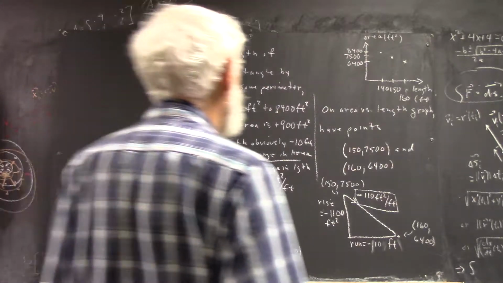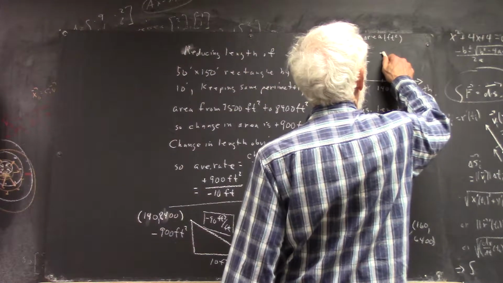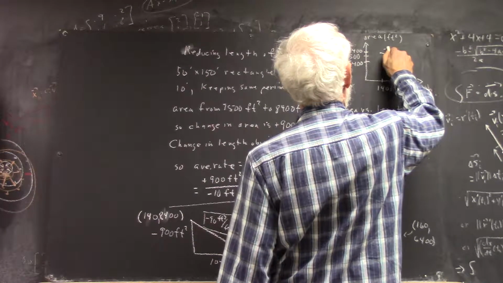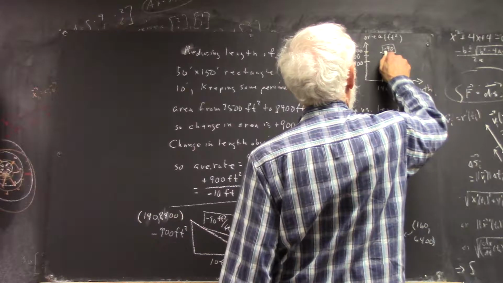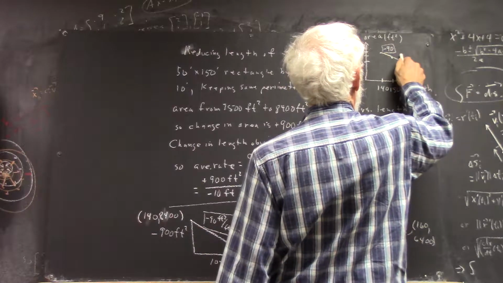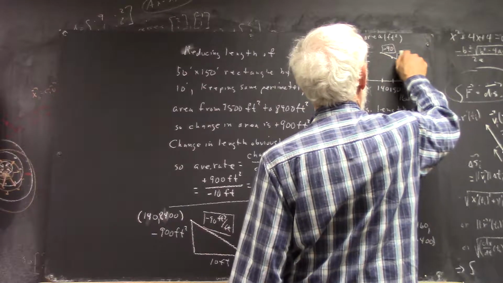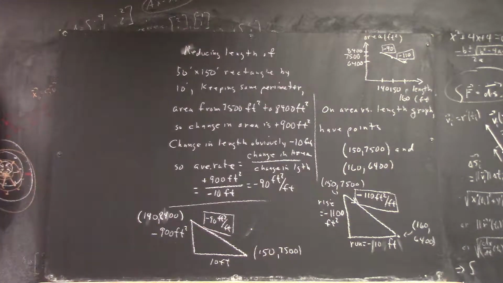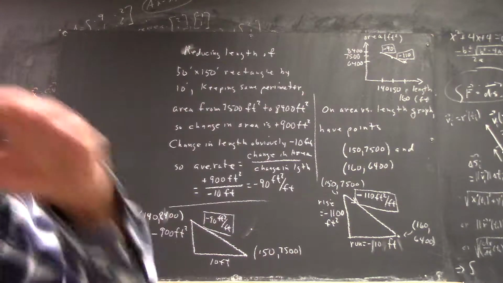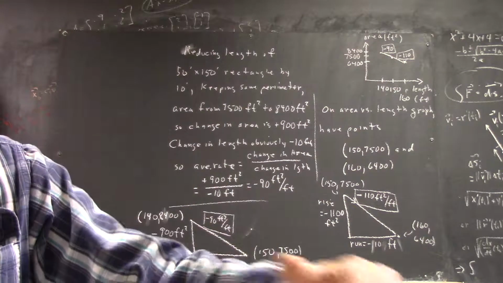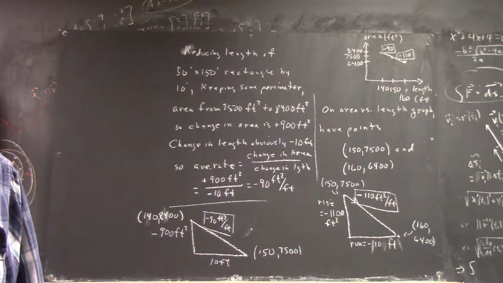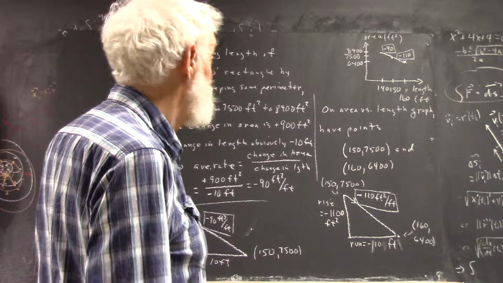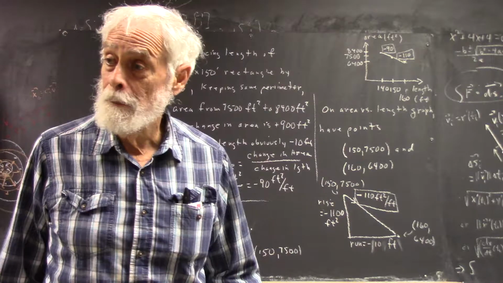Well, we know that from here to here, the slope is negative 90, and from here to here, the slope is negative 110. So what's happening to this graph? Is it tending to curve downward, be straight, or curve upward? Curving down.